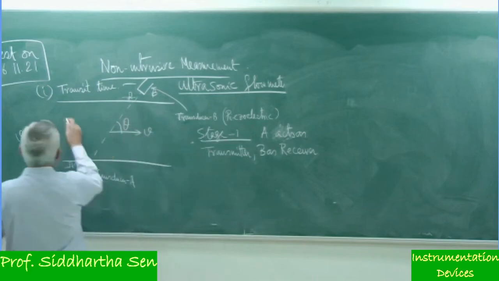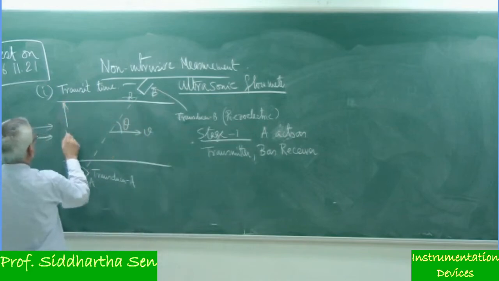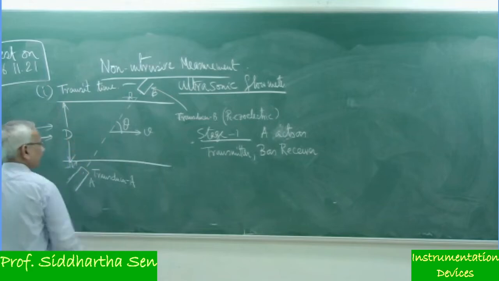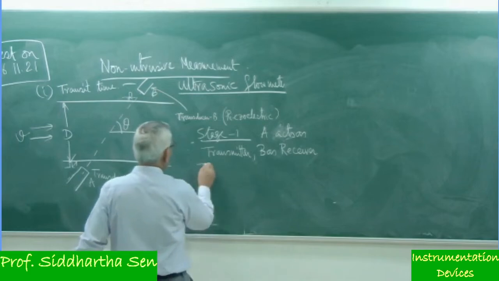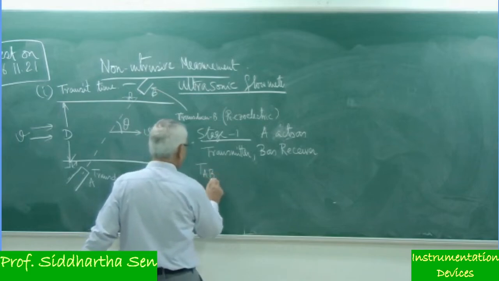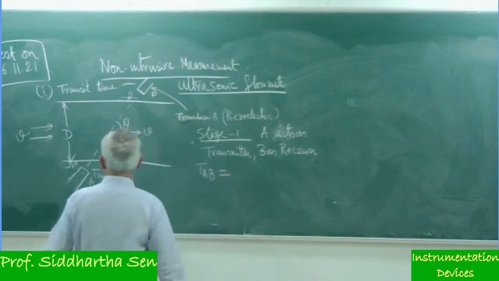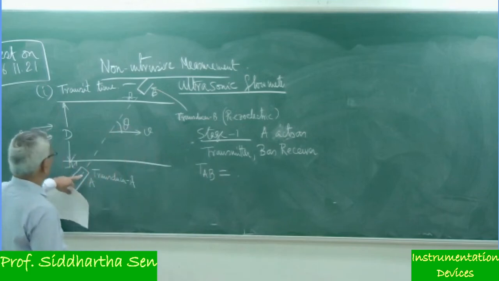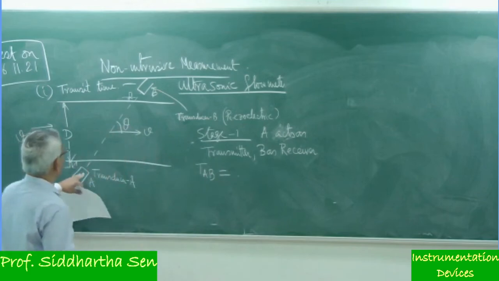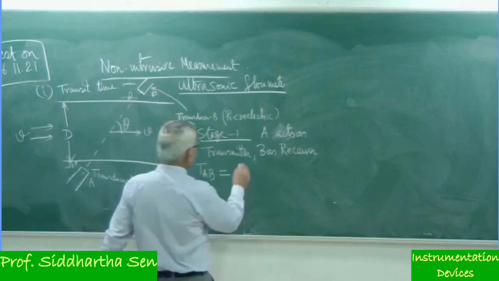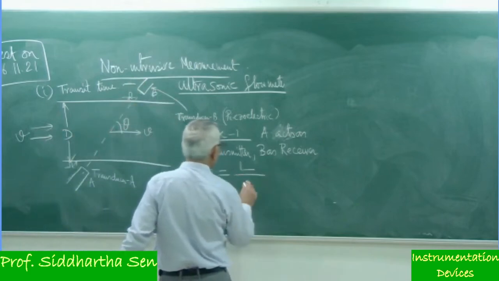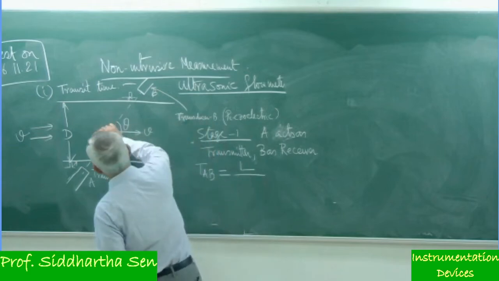And I consider this is the diameter d of the pipeline. So what we call T_AB is how much time is taken for that pulse to travel from A to B.